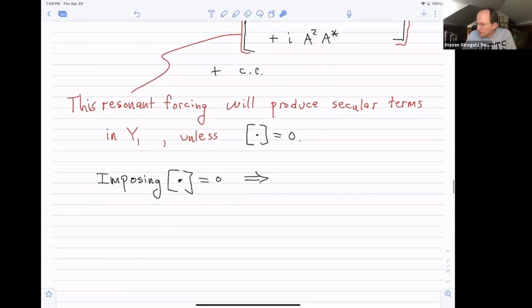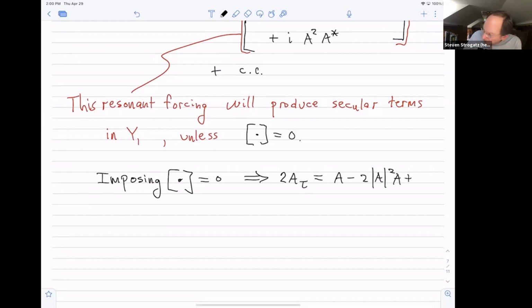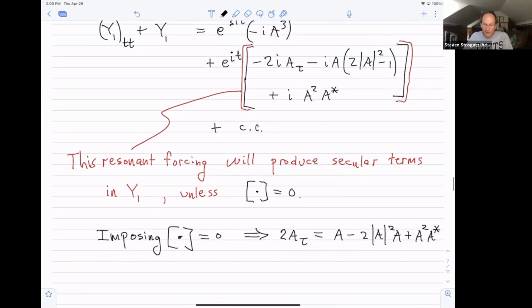And when we write it out, we get 2A sub tau equals A minus 2 magnitude of A squared times A plus A squared A star, where I'm just copying, not doing anything clever, just canceling out a bunch of i's.